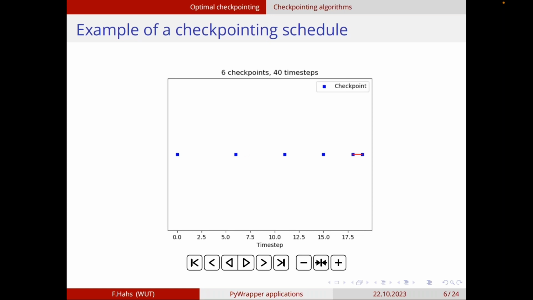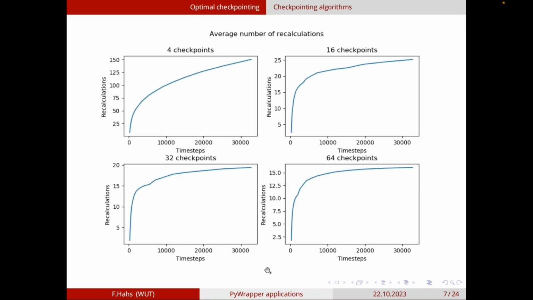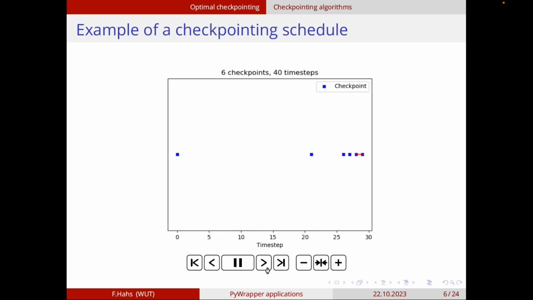Here you can see that they disappear as the direct solver continues, and then now we go to the adjoint part, and they're restarted from the last remembered checkpoint.